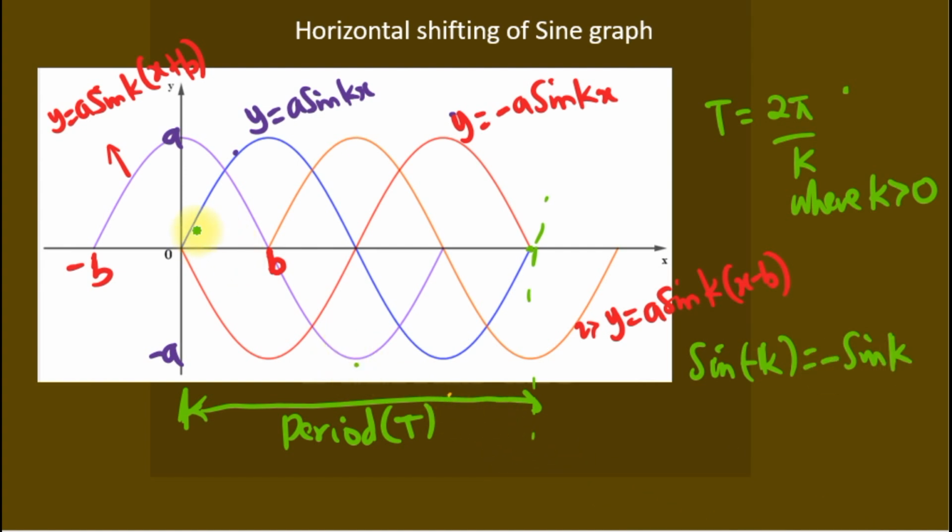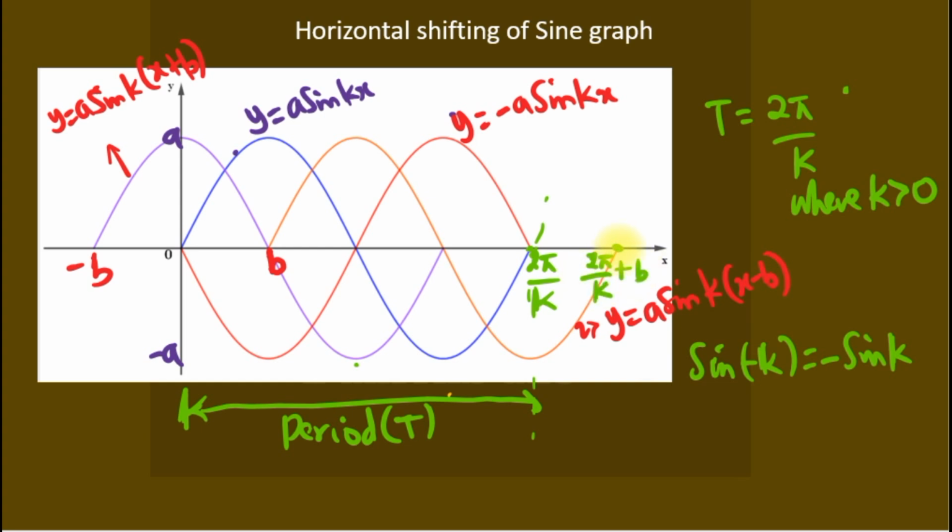And also, since one complete period is 2 pi over k, I'm saying that here is 2 pi over k. Why this one? Remember, we shifted this one b units to the right. So the point here will be 2 pi over k plus b.